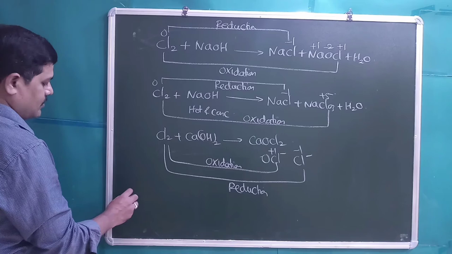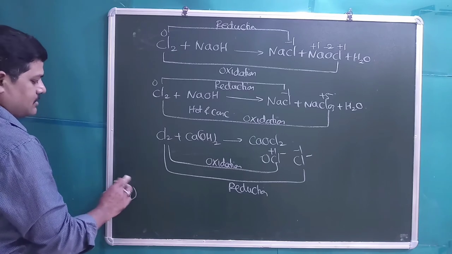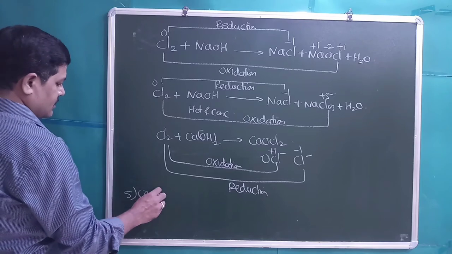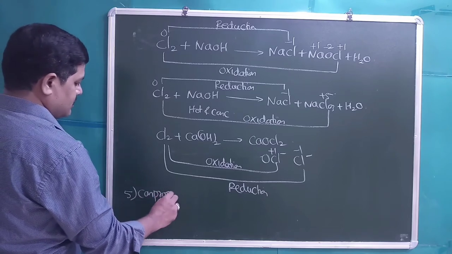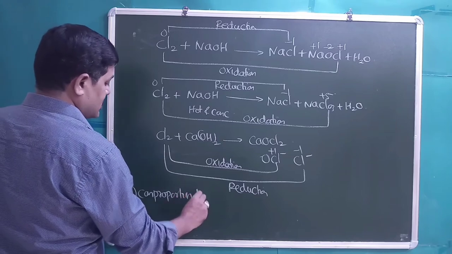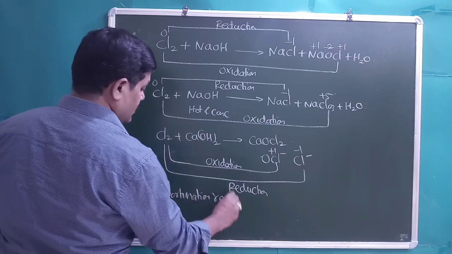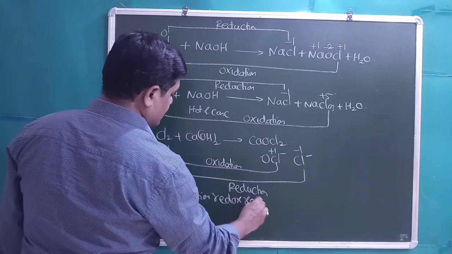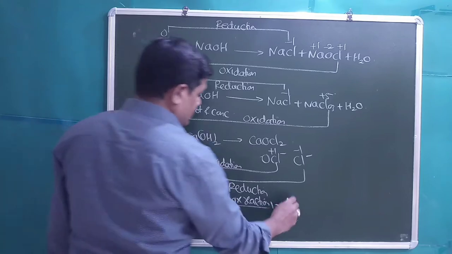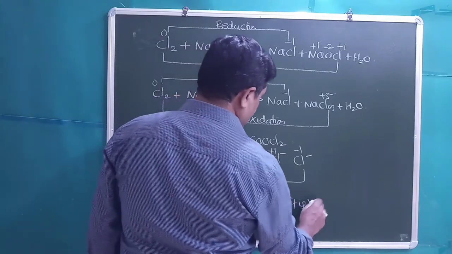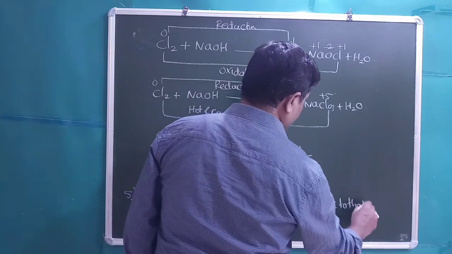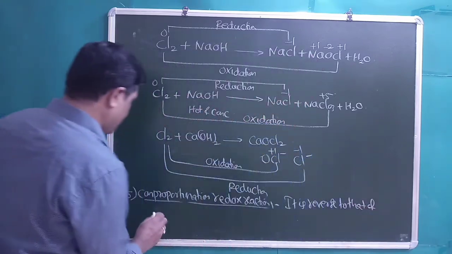Okay, mainly four types are important. The fifth type, which is generally not given in the NCERT syllabus, is the comproportionation redox reaction. It is the reverse of disproportionation.